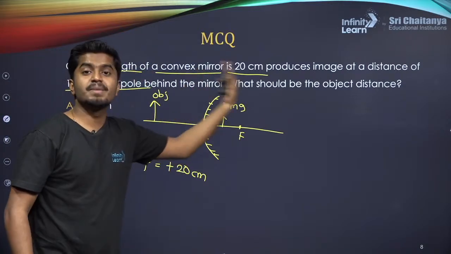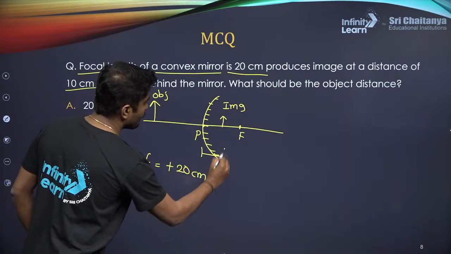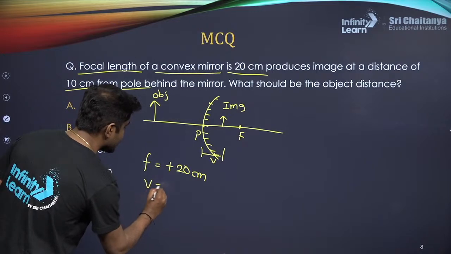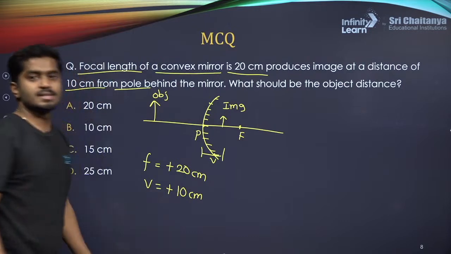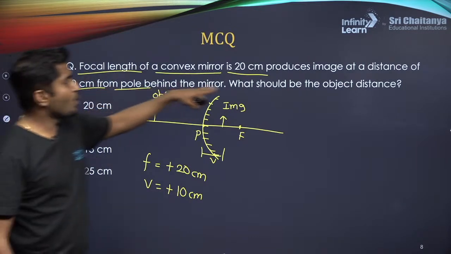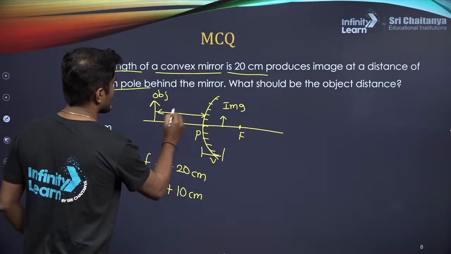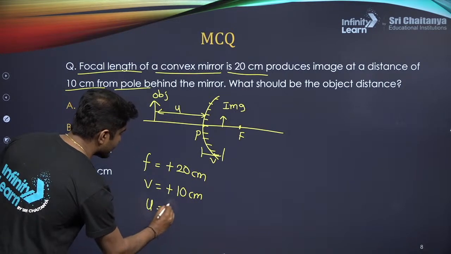You see the image is behind the mirror. So this is our V. V is the image distance. So V is also going to be positive, plus 10 centimeters. So what does this ask? What should be the object distance? So this distance U that you have to calculate. So what is U? That is the question.